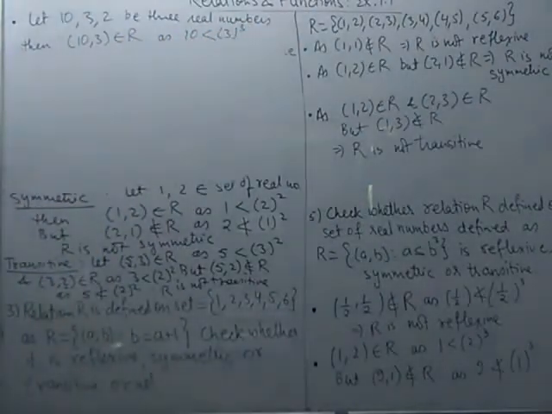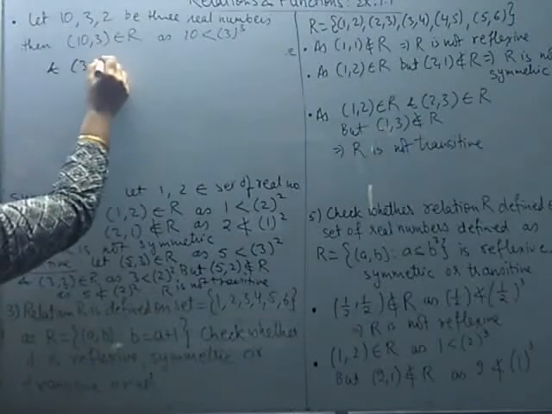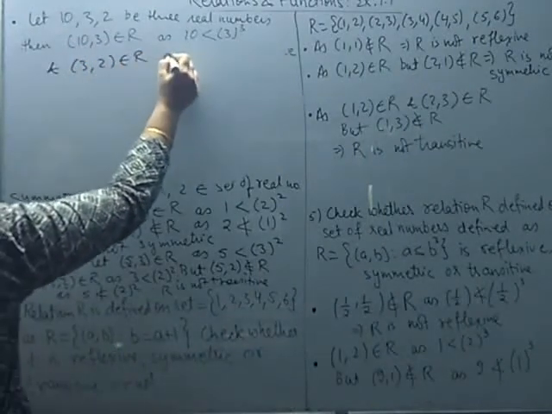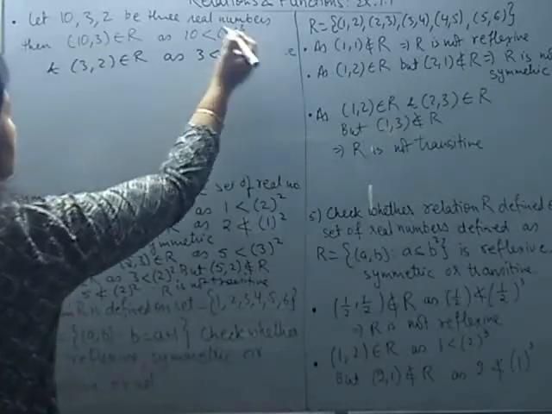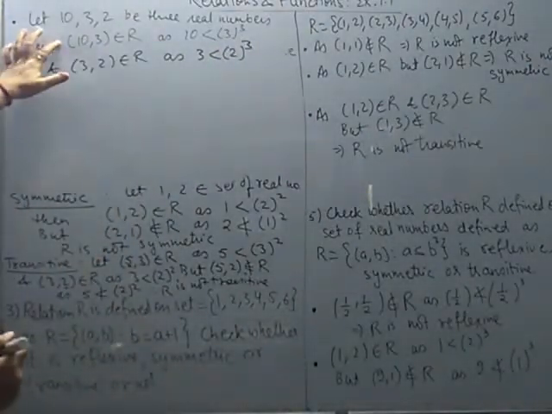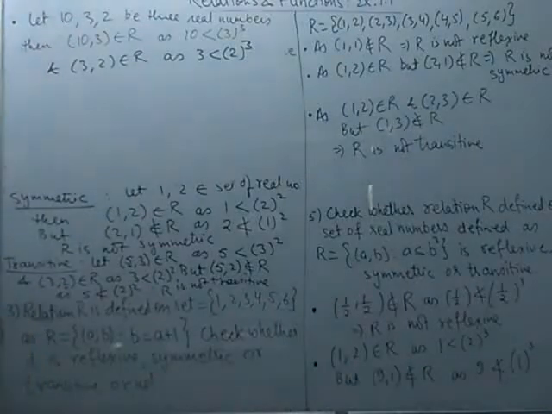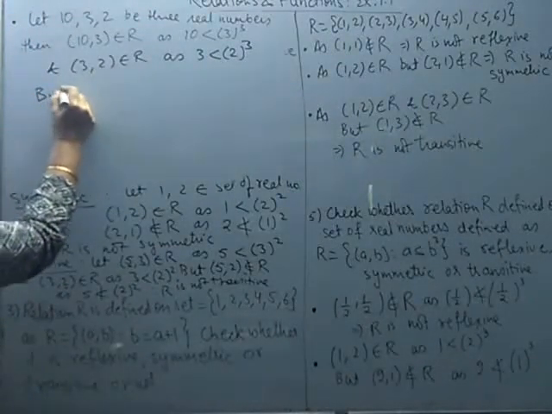Cube of 3 comes out to be 27. And 3 comma 2 will also belong to R, as 3 is less than the cube of 2. Cube of 2 is 8. So both are fulfilling. So we need to see whether the resulting pair will also belong to R or not.